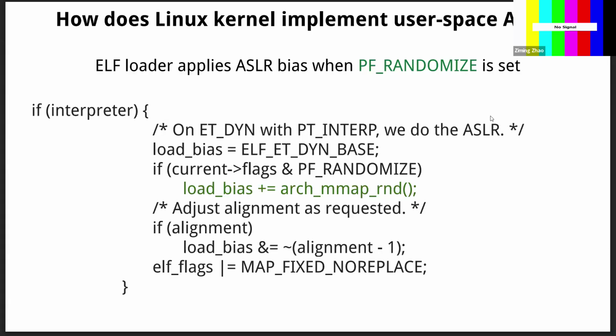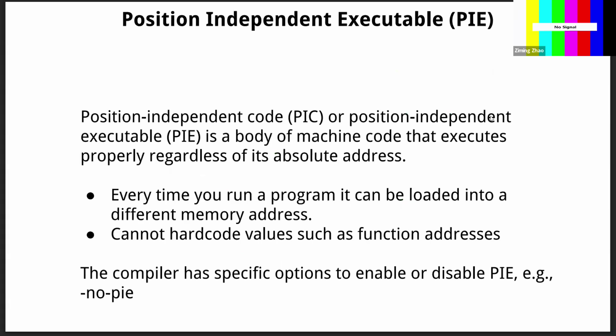This function will just return a random number. That's it. That random number, of course, has a range, and will be added to the hard-coded base. Okay, as simple as that. With just 2-3 lines of code in the kernel, you implemented ASLR. Of course, because we already have the other hardware support there.